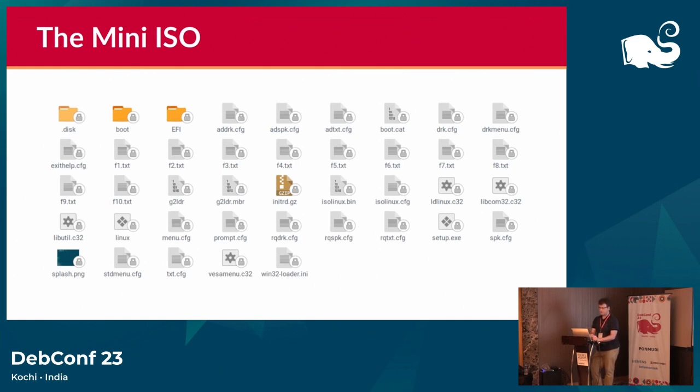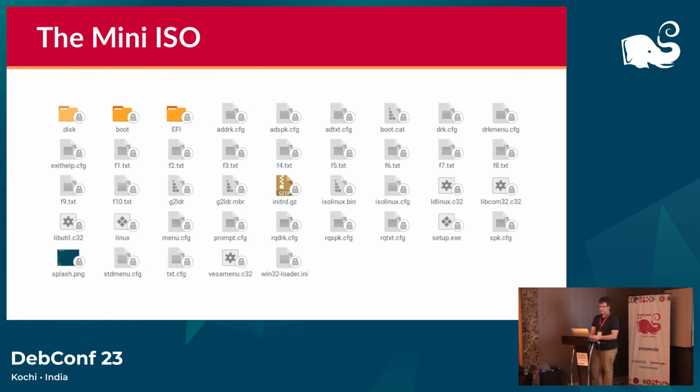The boot directory holds the GRUB files. EFI holds the GRUB configuration in addition to the UEFI boot stuff. There are a lot of config files and text files used for BIOS booting, a file called setup.exe so that you can launch things from Windows, and a linux file, which is the kernel.